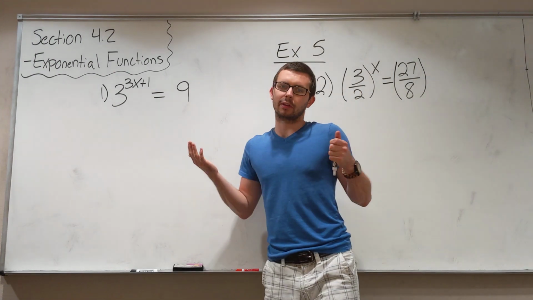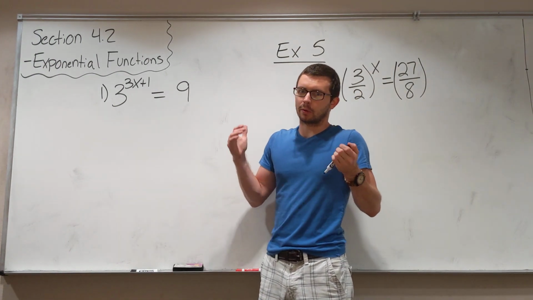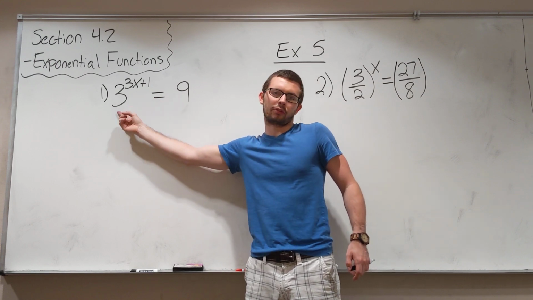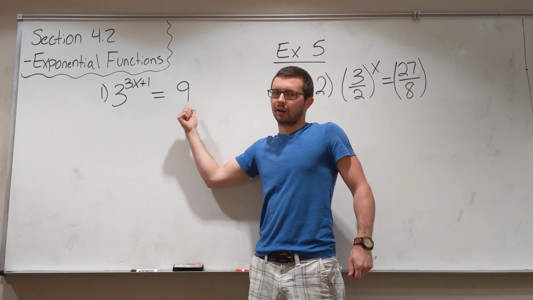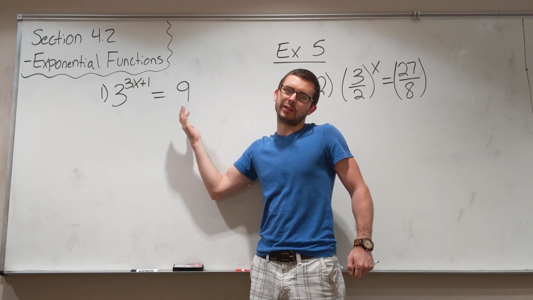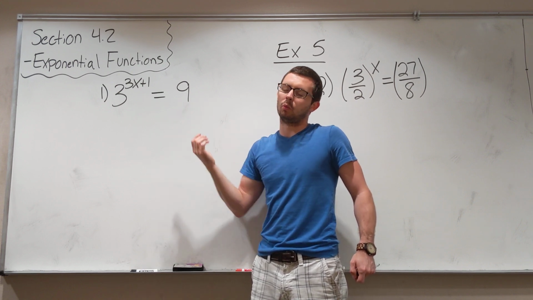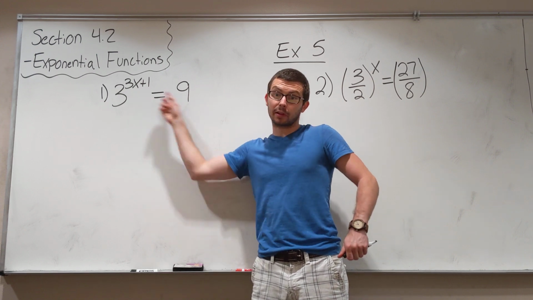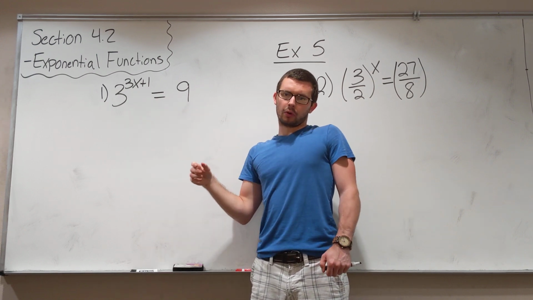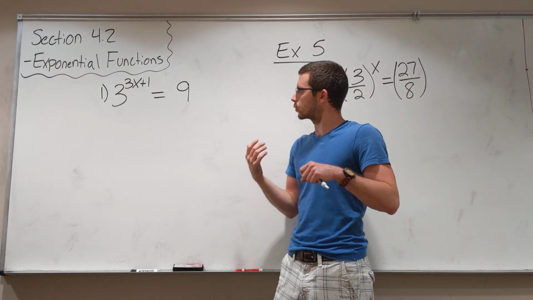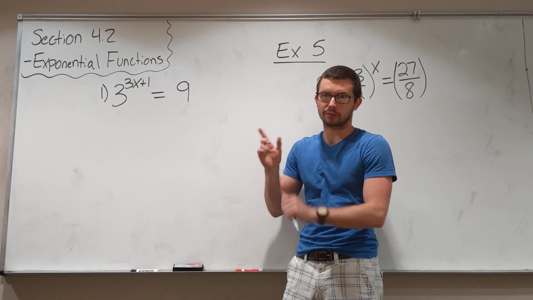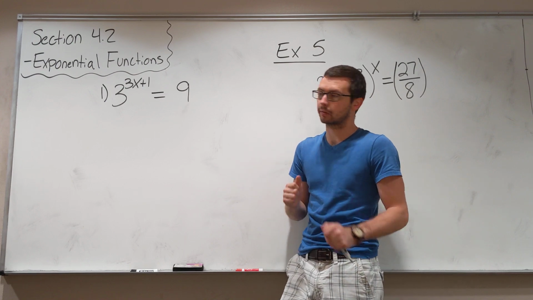Because, well, the first thing is the bases on the left side and the right side. On the left side, the base is 3. On the right side, technically 9 is a base with a power of 1. However, they're not the same base. So we're going to try to rewrite the problem to where we can get both sides to have a common base.